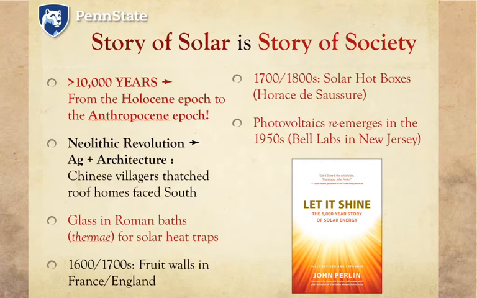So one of the things that you're learning in looking at John Perlin's book is that John calls it Let It Shine, the 6,000-year story of solar energy, when in fact we're actually talking about 10,000 years of solar ecology, of solar as the story of society. The Neolithic Revolution was happening because of the advent of agriculture and architecture.